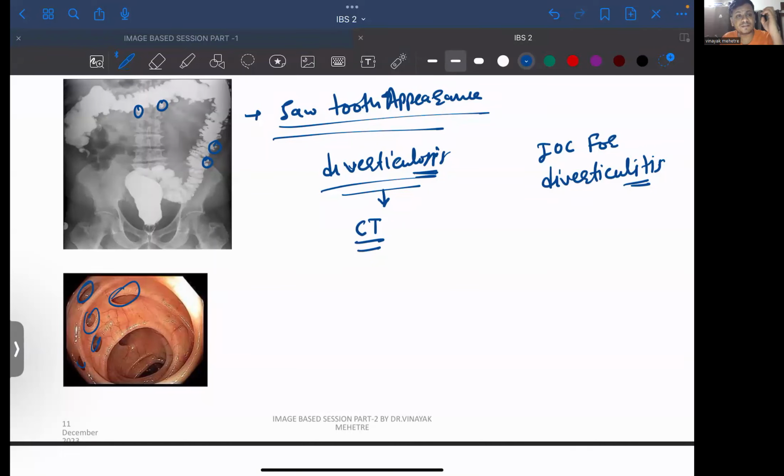So investigation of choice is now changed. Answer is ultrasound. See, for any kind of abnormalities, best investigation is going to be CT scan. Inflammation, most of the time, answer is ultrasound. Remember it like this, okay?